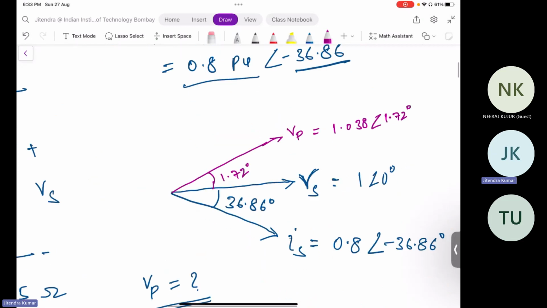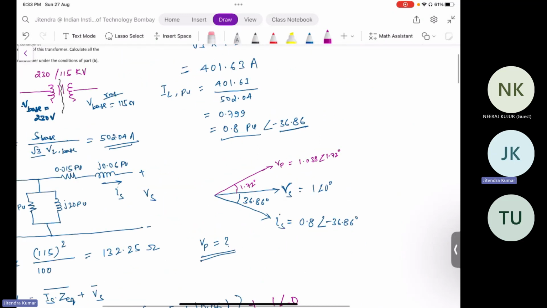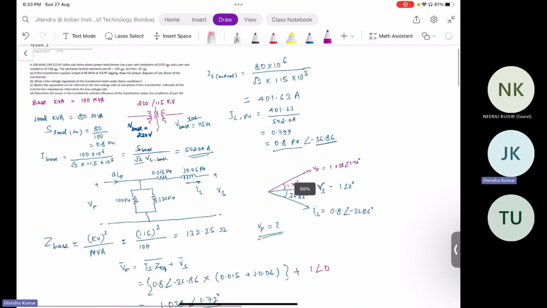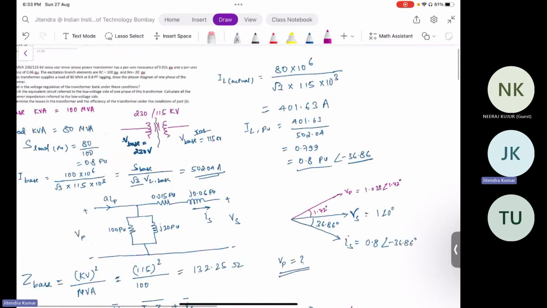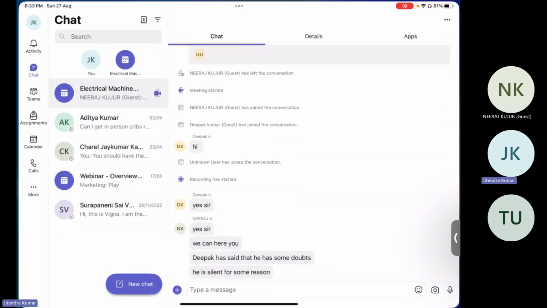So this is your complete phasor diagram. Any doubt in the first part? Anybody?